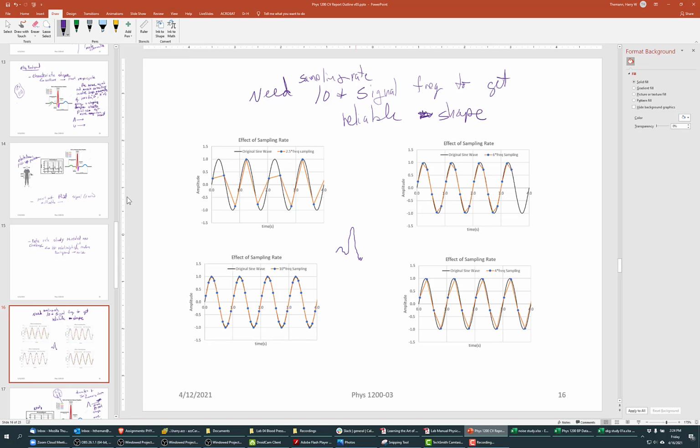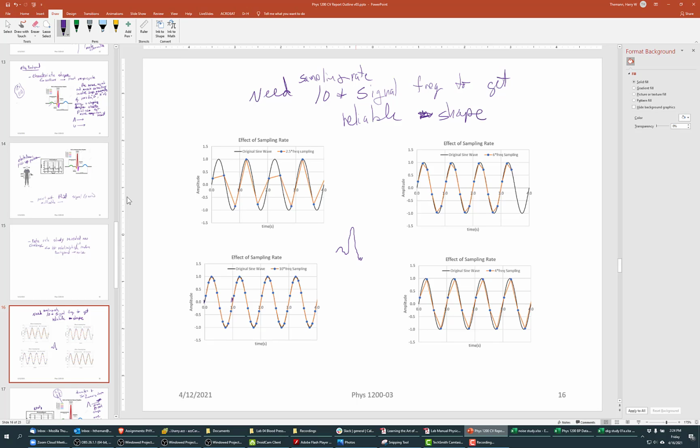If you're sampling, you don't have control over what part of the waveform the sample is taken. So if you look here, this one with 10 points per wavelength, this is 1 wavelength, 10 times the frequency, then even if they move back and forth a little bit, the orange lines always stay like the original waveform.